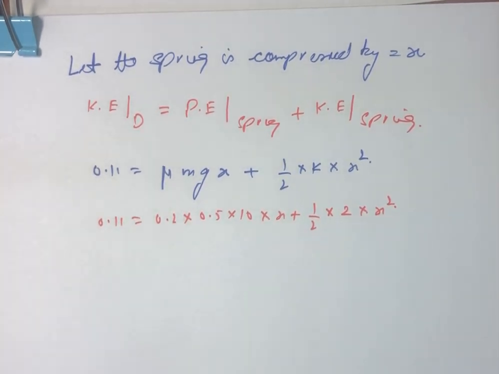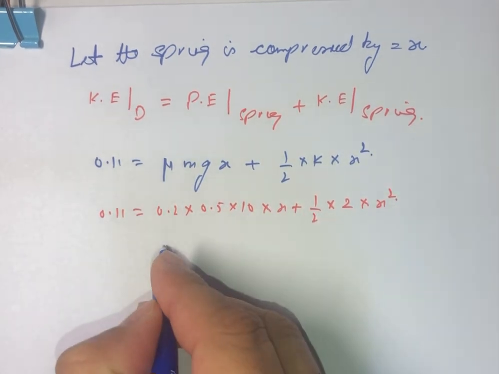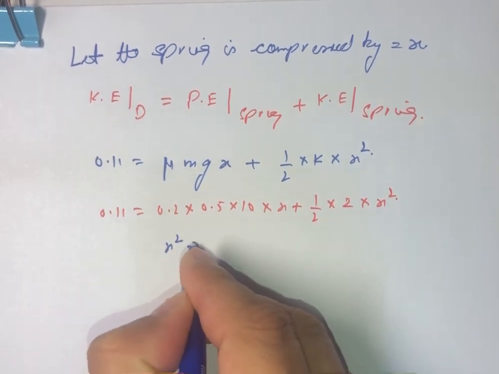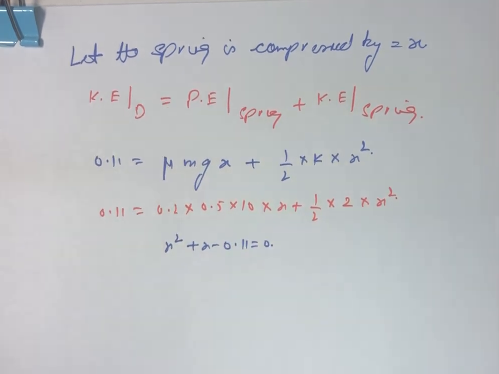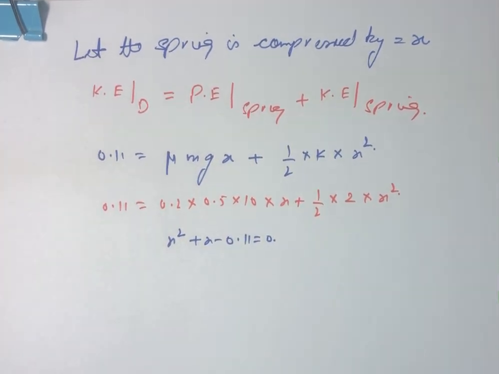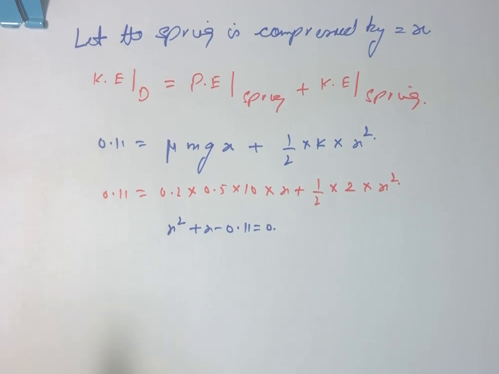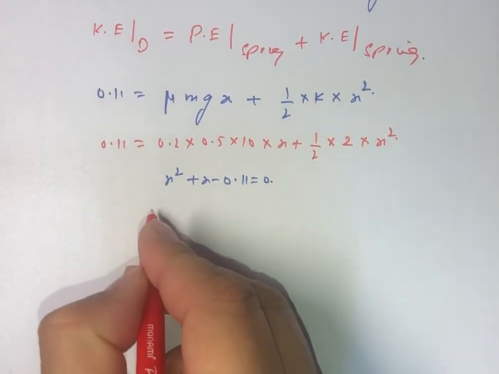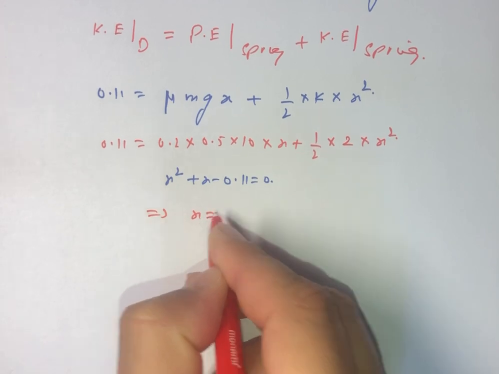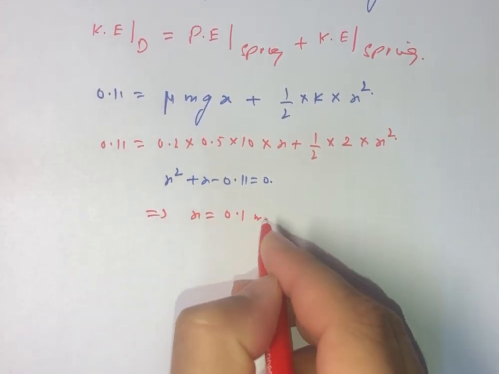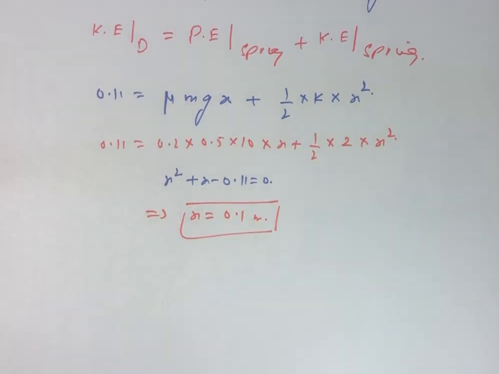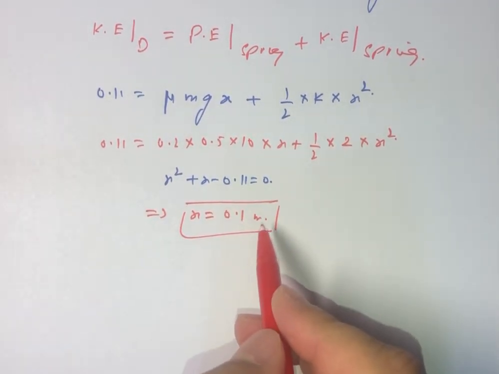This gives us a quadratic equation: x square plus x minus 0.11 equals 0. From here, one of the values is x equal to 0.1 meter. So the spring will be compressed by 0.1 meter.